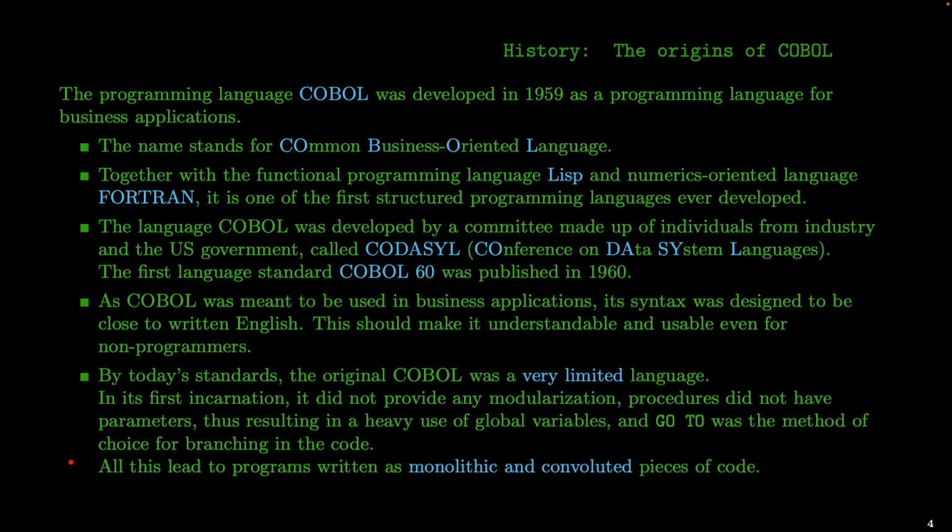And so the programs written in the old COBOL dialects were very monolithic and convoluted pieces of code. In fact, programming COBOL kind of reminds you of having a very verbose assembler, which has some very oddly powerful methods in it.